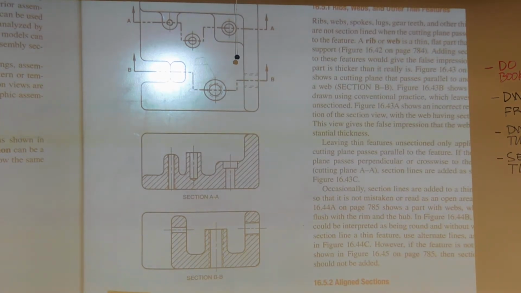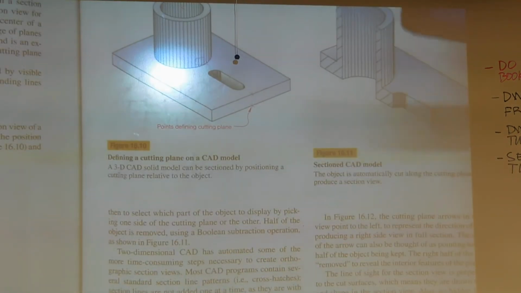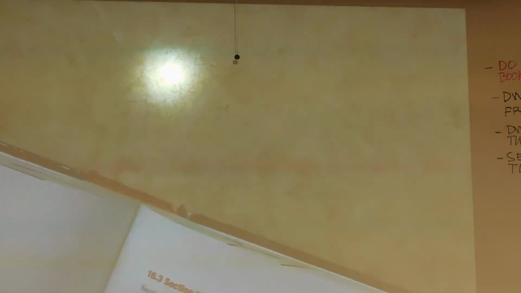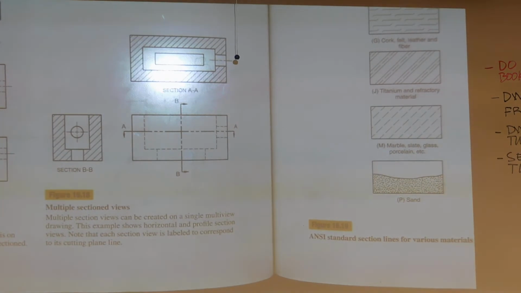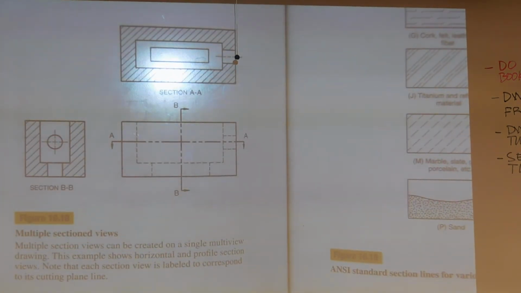I got one more. This one's not in your handout, but it's a pretty good example of this. Figure 1618 on page 768. And I think this is kind of common sense stuff, so I don't want to beat it to death, but it needs to be said.